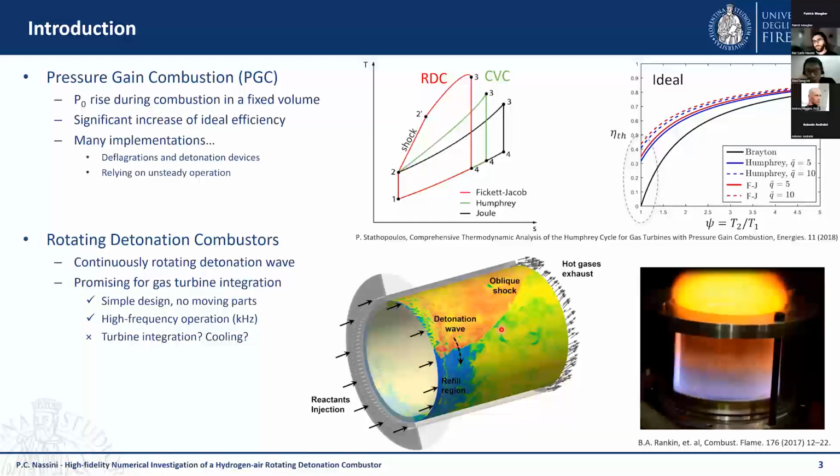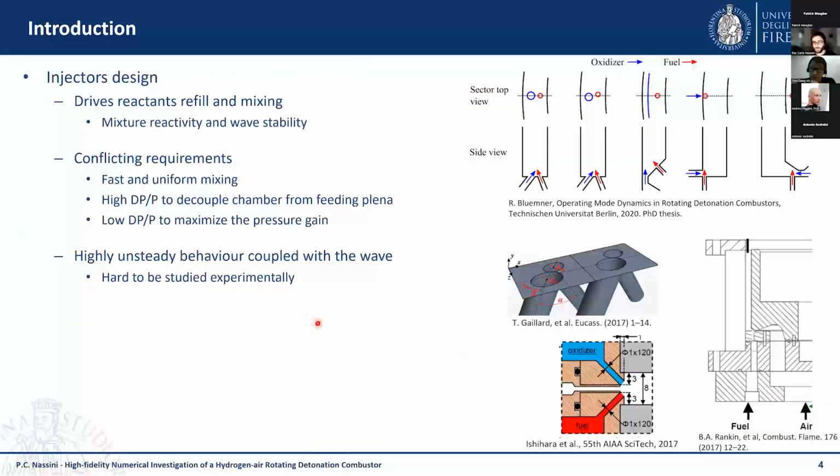I'm just wondering what would be the way out of this dilemma between more and more complex geometry of the injectors and the total pressure loss, because you want to enhance mixing by making these injectors more intricate or smaller, but this complex geometry introduces pressure loss from the plenum to the pressure in your chamber.